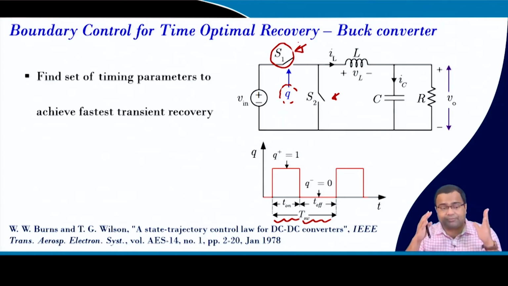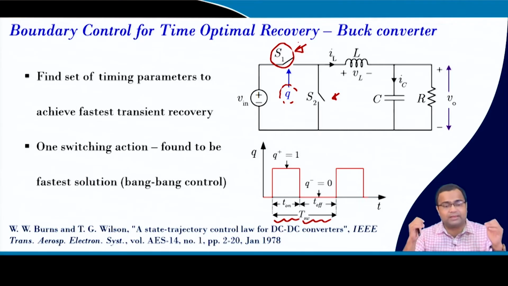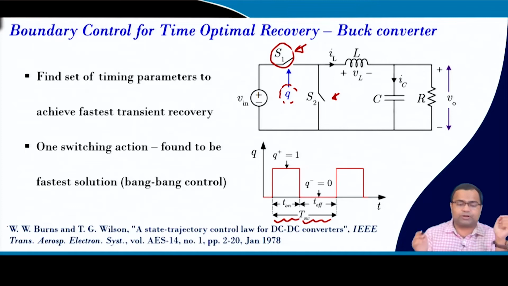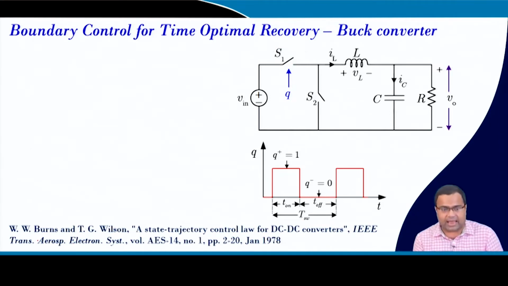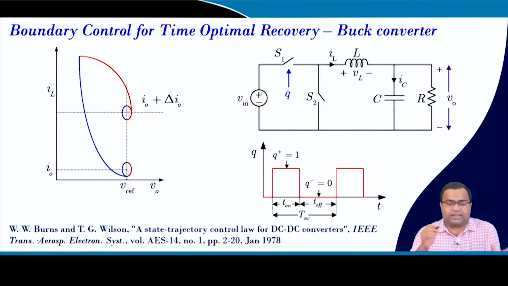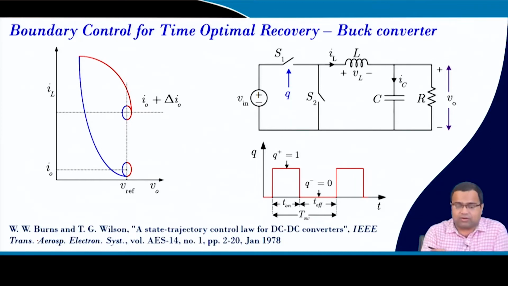The objective is to find the set of timing parameters to achieve the fastest transient recovery, and it turns out to be simply a bang bang control, on off control, and you can achieve the fastest recovery by one switching action. That was first reported by Burns and Wilson in their paper.